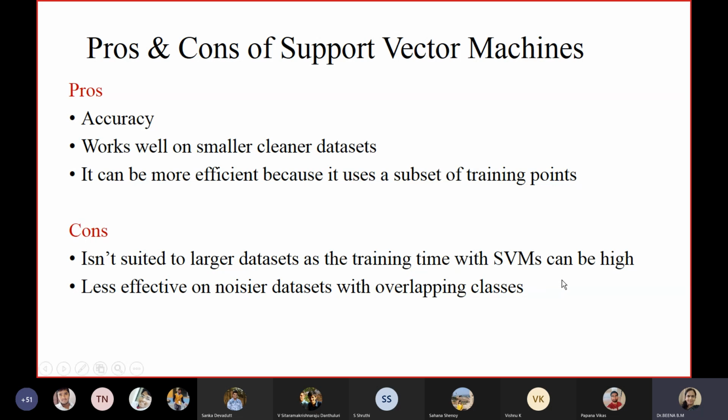And they are less effective on noisier data with overlapping class. Noisier data, what do you mean by noisier data? The data which may be having missing values, some junk values in the data set. Okay.